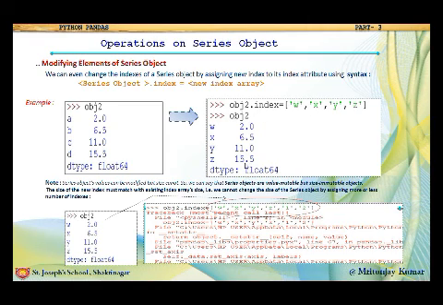One thing must be kept in mind: series object values can be modified but size cannot. So we can say that series objects are value mutable but size immutable. The size of the new index must match the existing index array size. That is, we cannot change the size of the series object by assigning more or fewer indexes.